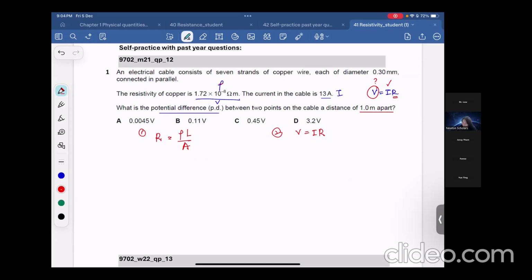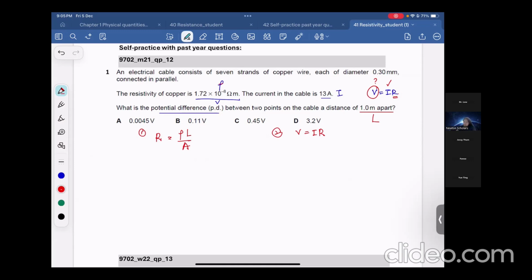One meter apart. So this is the distance, the length of the point that we want to observe. You find your R, but this R is for one copper.